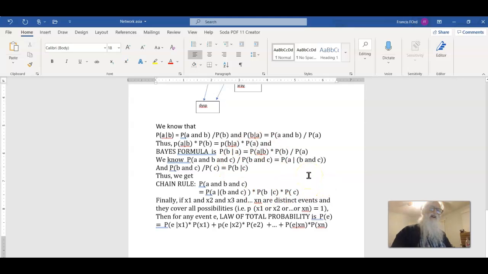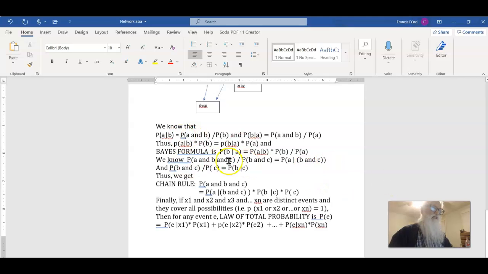Now there's also something called the chain rule. And it's pretty easy. It comes more or less from the same argument we use to do the Bayes theorem. It says, if you want the probability of 3 or more things, then the probability of A and B and C divided by the probability of B and C is the probability of A given B and C. We use that up here.